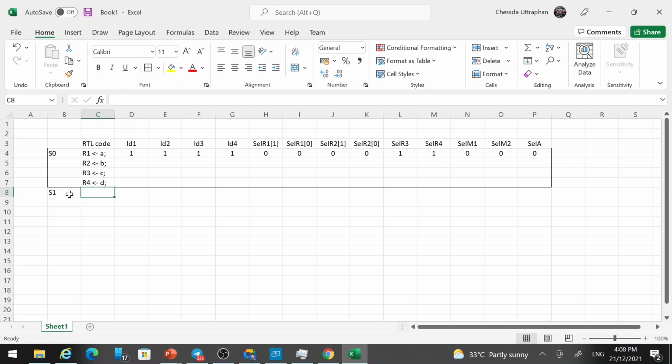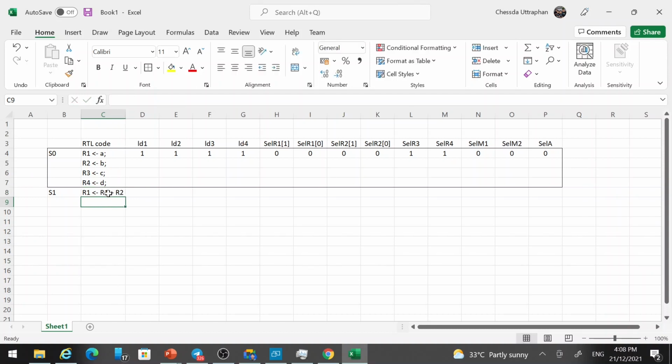We have R1 gets R1 plus R2, and this is by using adder number 1.